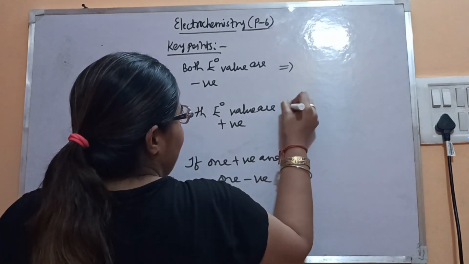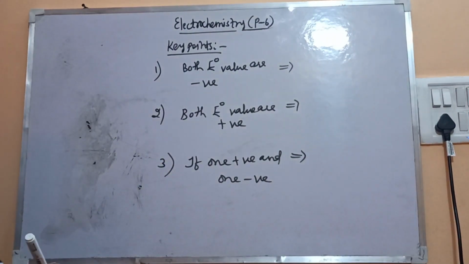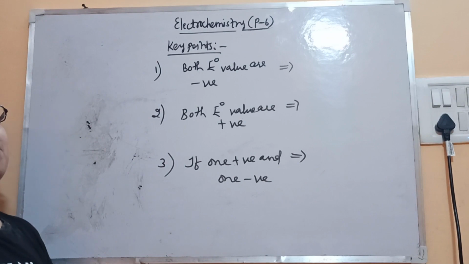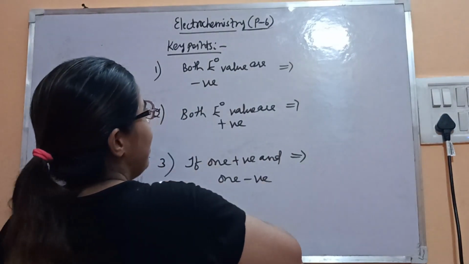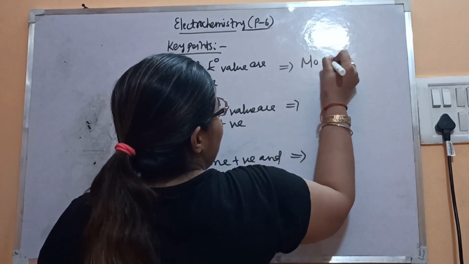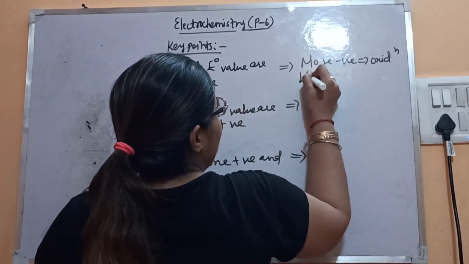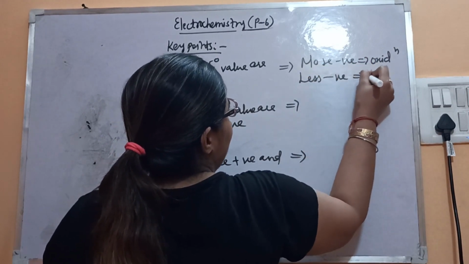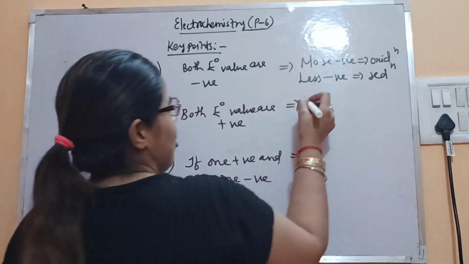So let's see how you will identify which is at cathode and which is at anode. But you have to remember this key point, that more negative means oxidation, anode. Okay. So if both are negative, more negative means oxidation, less negative means reduction.